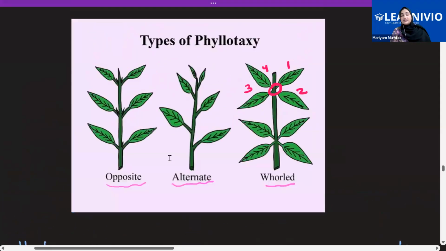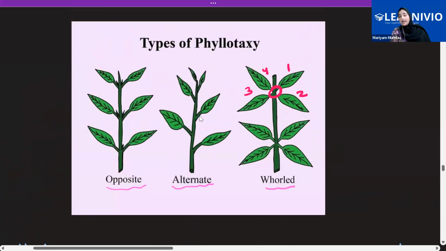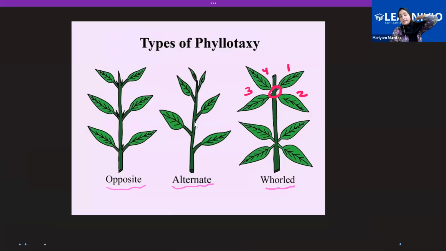Alternate means that at one node one leaf is present, and then at another node a leaf arises in an alternate, diagonal position. Ma'am, is whorled the same as palmately arranged leaves? Different.